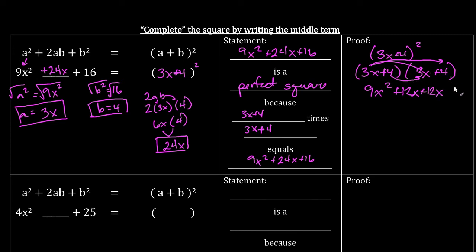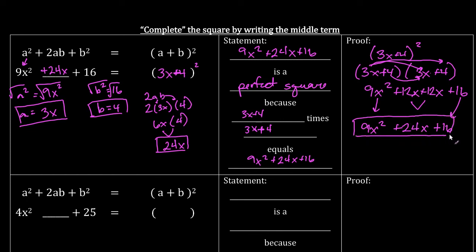And 4 times 4 is 16. There are no more, so this is where we combine like terms. 9x squared, plus 24x, and then there are no more constants, so plus 16. And that is, in fact, what we put here, our perfect square.